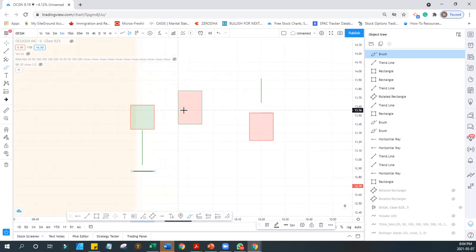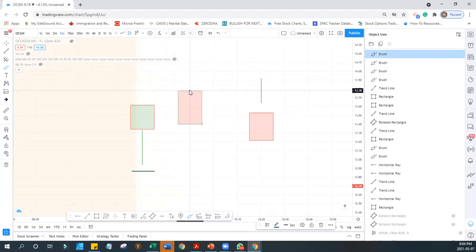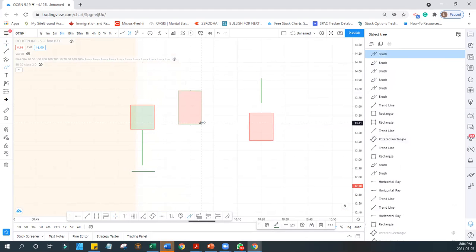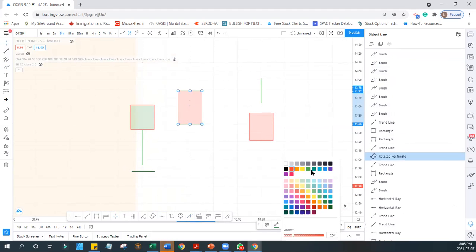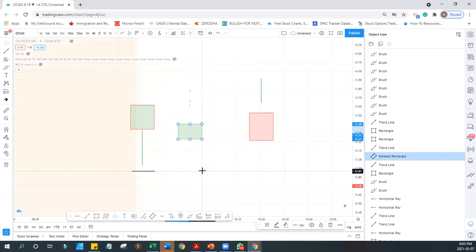Don't go by the color; this is the bullish candle. Does it make sense to you guys? This is the first candle and this is the second candle. The second candle has to close above the previous candle to go long. If it closes below, you shouldn't be going long.